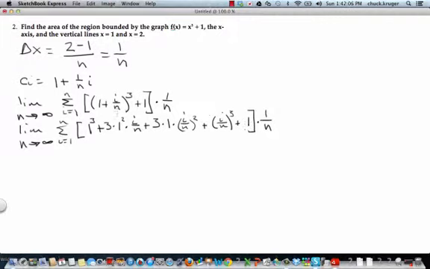Okay, and that 1 is this one right here. That's that 1. And wondering if you wondered where that came from.